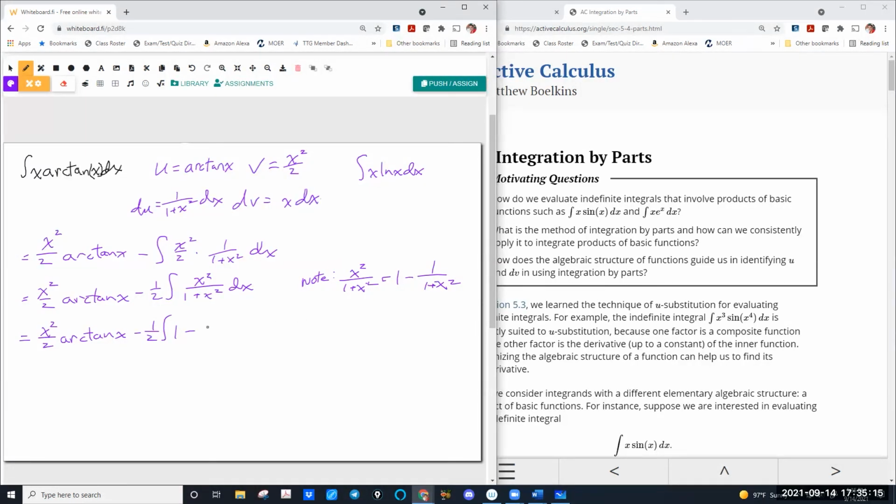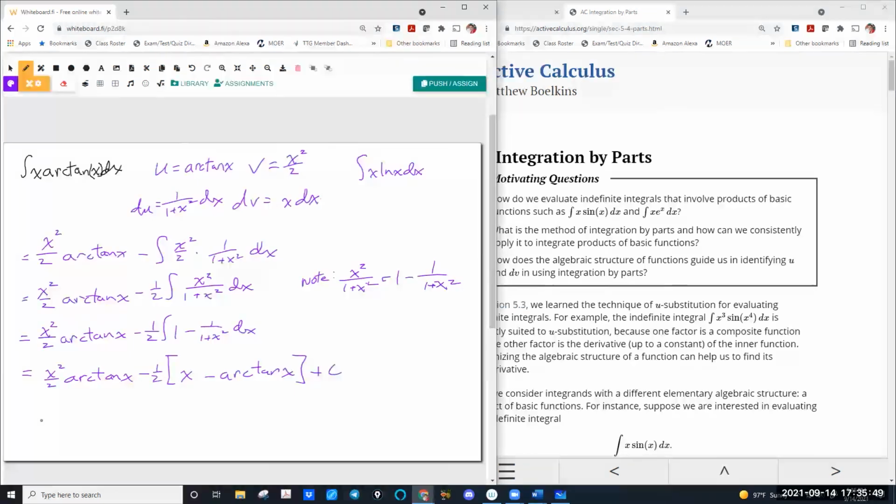But because I wanted to show you this one, all right, we can do this antiderivative piece by piece, x squared over 2 arctan of x minus 1/2. Piece by piece, the antiderivative of 1 is x. The antiderivative of 1 over 1 plus x squared, well, it's right here. Minus arctan of x plus c.